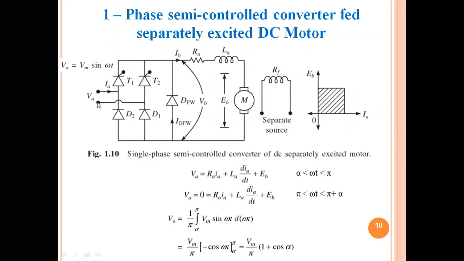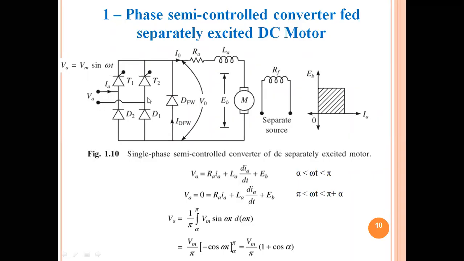So from the neutral terminal, the current flows to thyristor T2, to RA, LA and the motor, to diode D2, to the phase terminal.